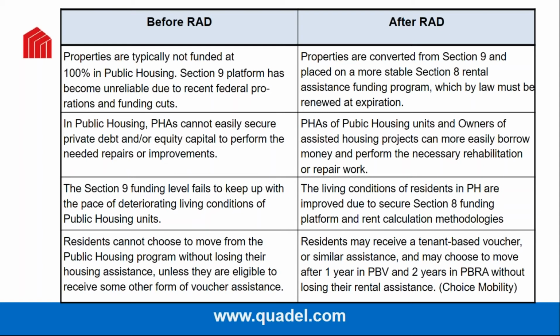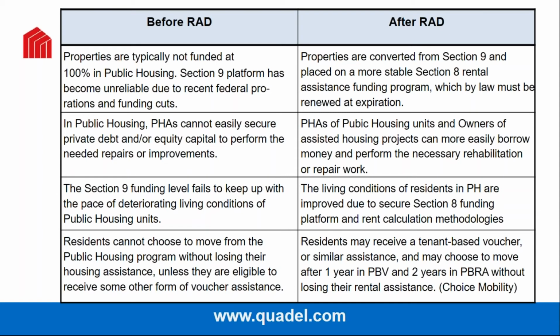Prior to RAD, public housing properties are typically not funded at 100% in the public housing program. The Section 9 program or the platform has become unreliable due to recent federal prorations and federal funding cuts. Prior to RAD in public housing, PHAs could not easily secure private debt and or equity capital to perform the needed repairs or improvements, and we just talked about that on the previous slide.